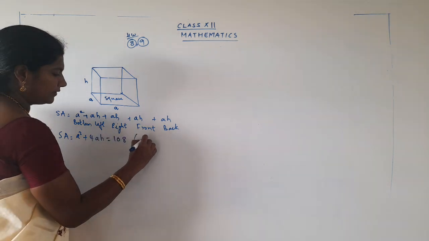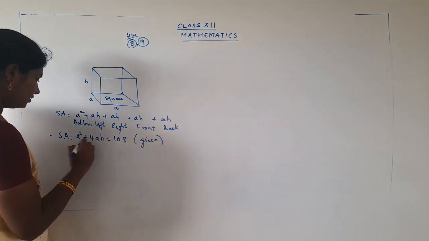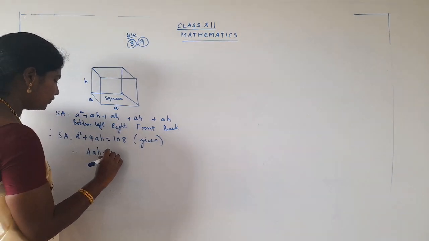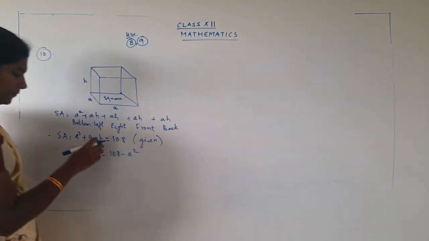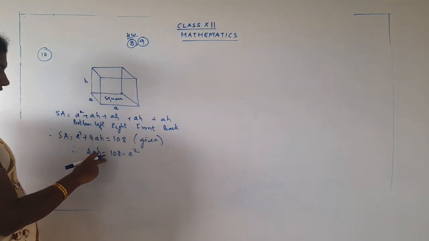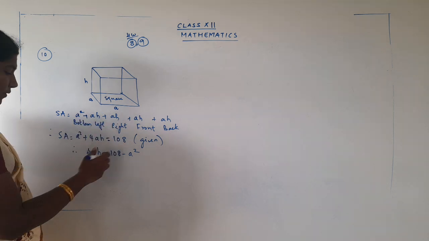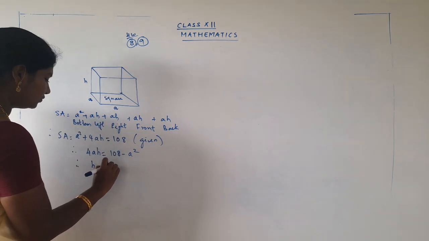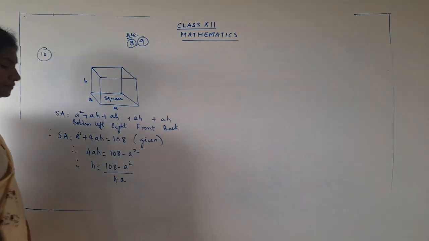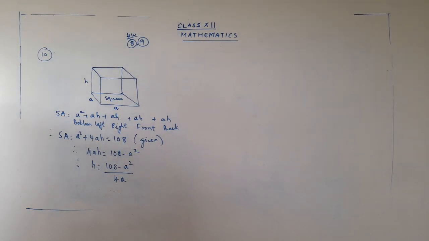Therefore 4AH is equal to 108 minus A square. Therefore h is equal to 108 minus A square upon 4A. Write down the value for h. It's 108 minus A square upon 4A.